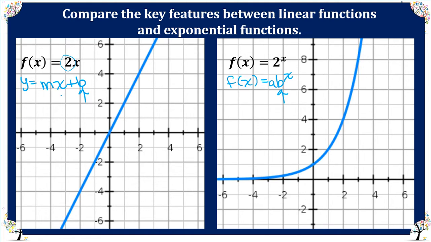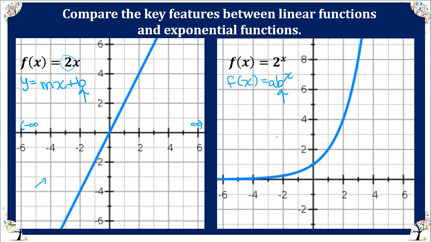So in our linear function, what the linear and exponential functions have in common is that there is an interval of increase. From negative infinity all the way to positive infinity, we have an increase. So this function is always increasing and there is no interval of decrease.